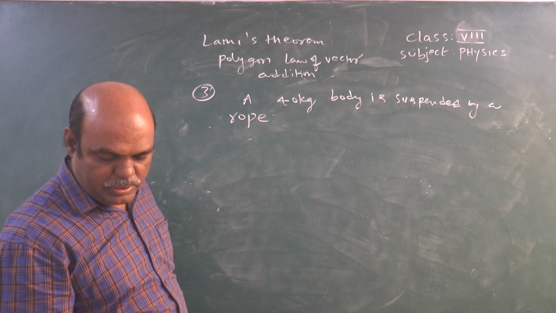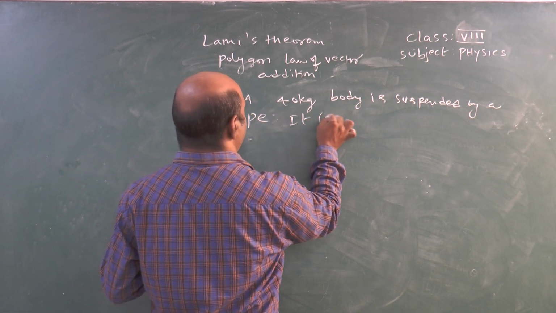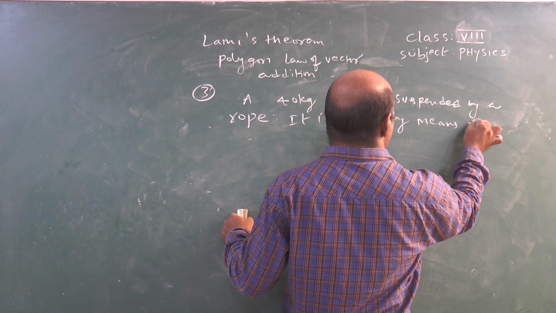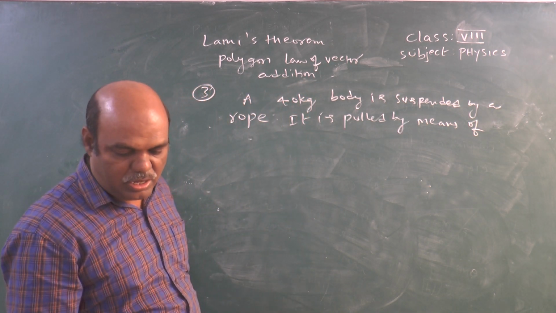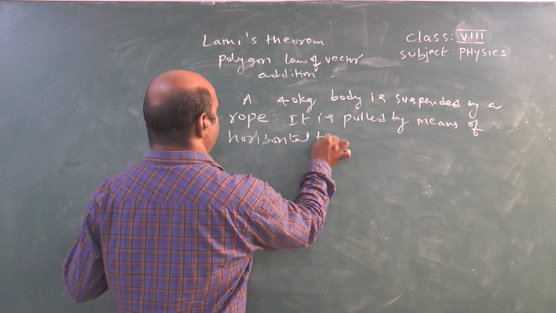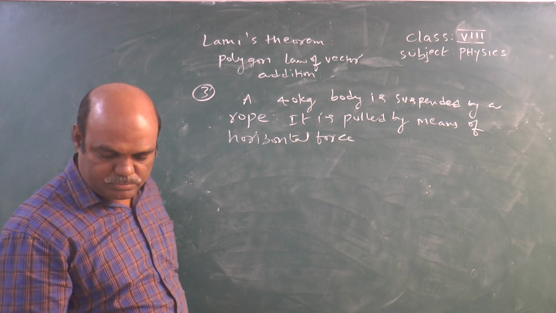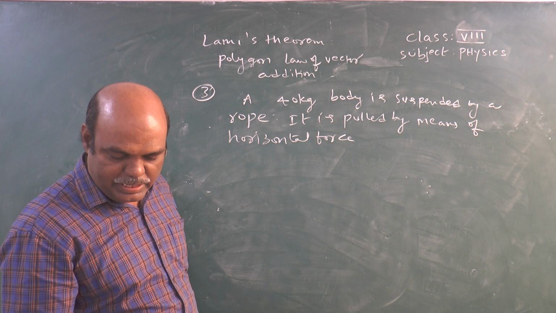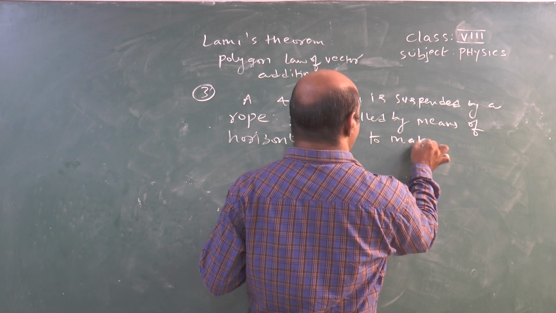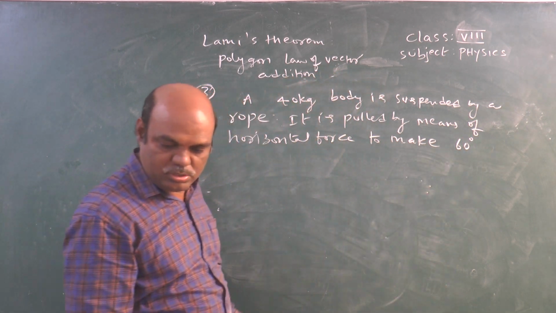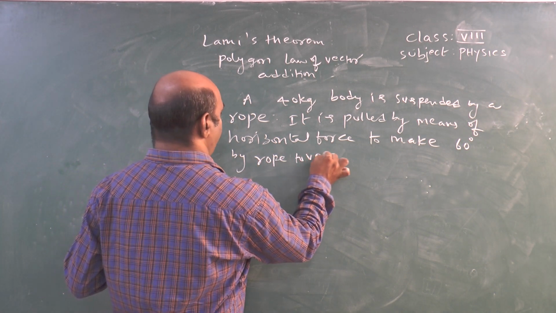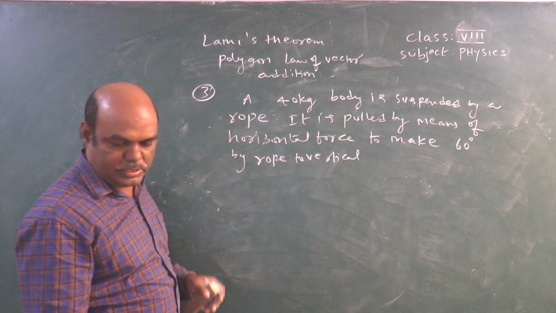It is pulled by means of a horizontal force to make 60 degree by rope to vertical.